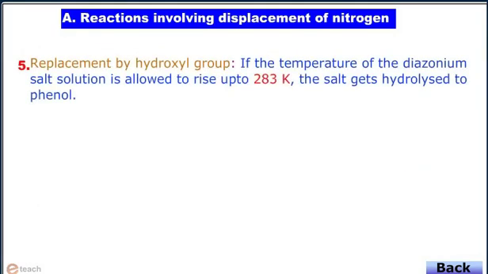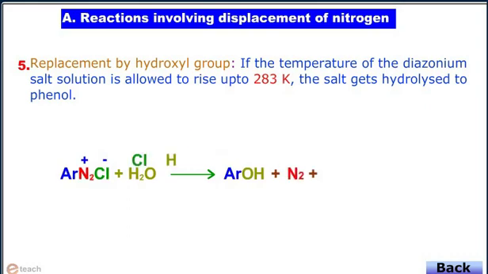Replacement by hydroxyl group. If the temperature of the diazonium salt solution is allowed to rise up to 283 Kelvin, the salt gets hydrolyzed to phenol. The reaction is given below.